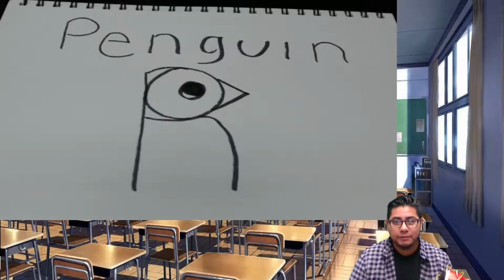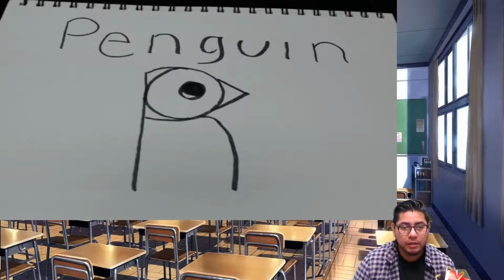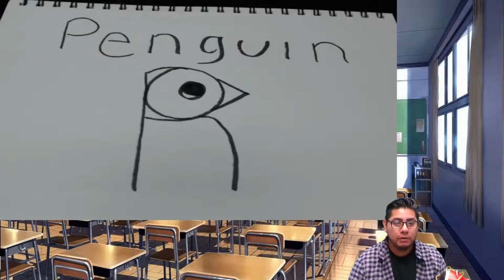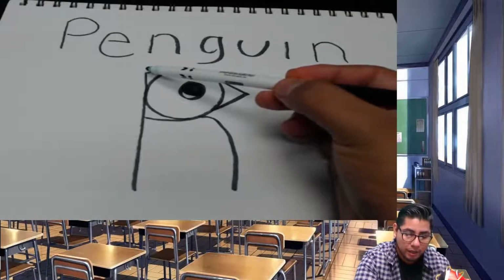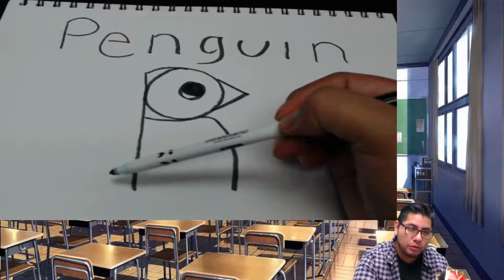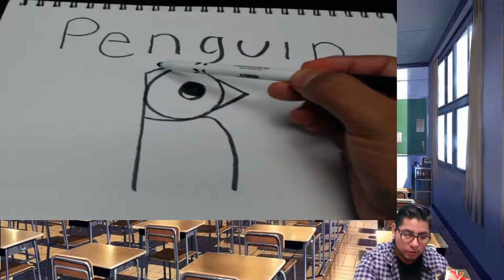After we do that, we're going to make the back of the penguin. To make the back of the penguin along with the tail, all we do is come from back here, make an arch and a little triangle. I'm gonna do it a little bit slow.